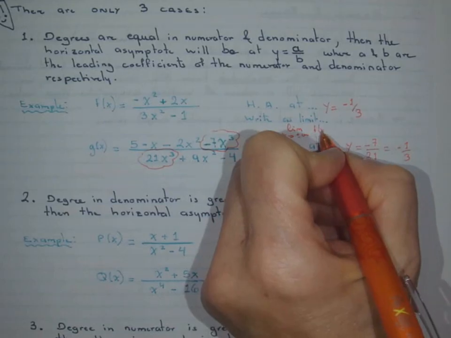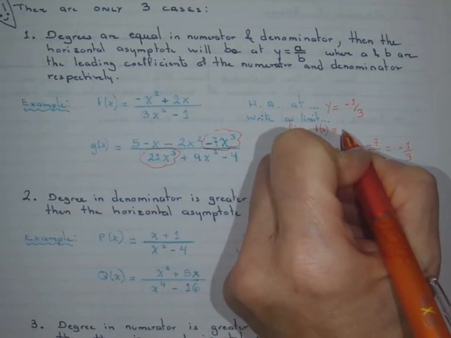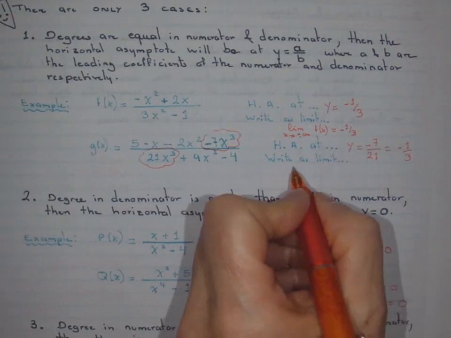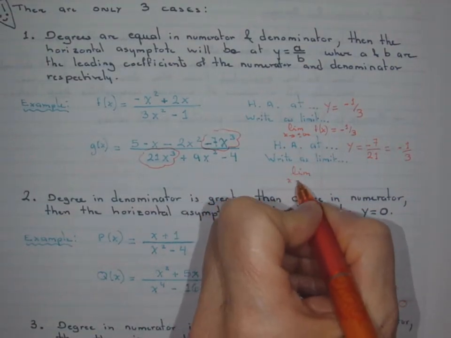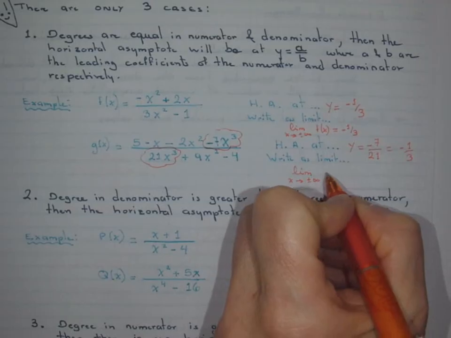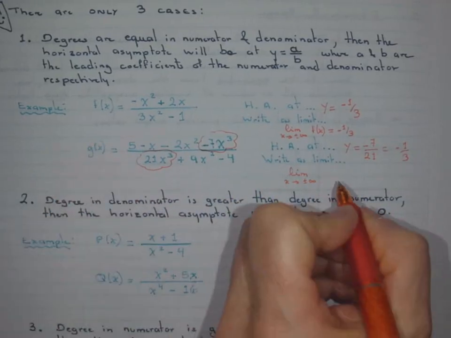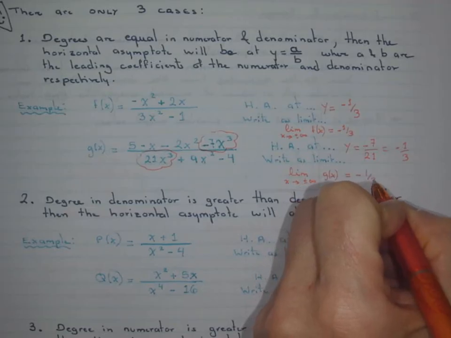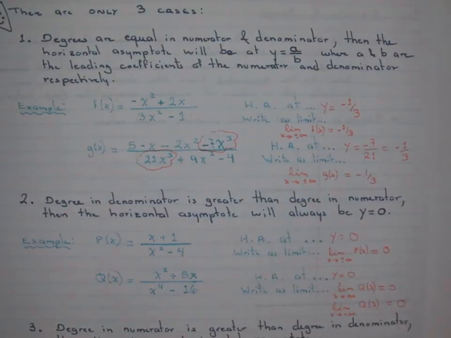And here, the limit as x approaches positive or negative infinity of my function g of x is equal to negative 1/3. Oh, see, that was not done purposely, that we end up with the same horizontal asymptote. It just happened so here. I didn't even pay attention to that.